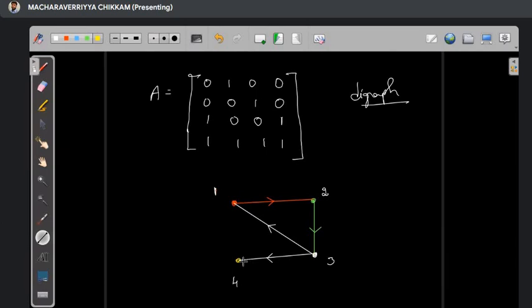Okay, from 4 for every other vertex we have an edge: 4 to 1, then 4 to 2, and similarly 4 to 3. That's it. There is also 4 to 4. Okay, there is a loop.